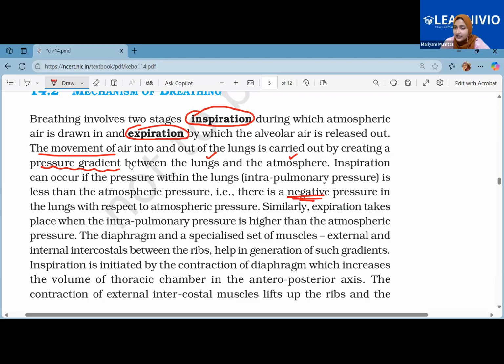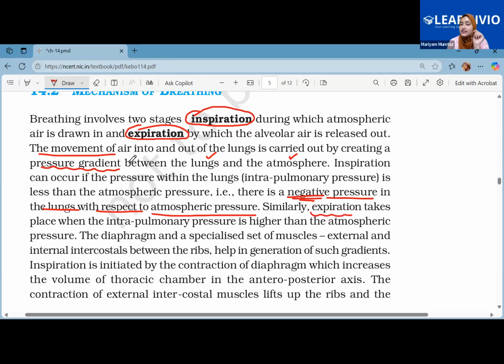And if the volume is increasing, obviously the pressure will decrease. So now, at this point of time, there is negative pressure in the lungs with respect to the atmospheric pressure. So, as a result, the gases from a high pressure region, that is the atmosphere, diffuse into the low pressure region, that is our lungs. That is what happens during the process of inspiration.